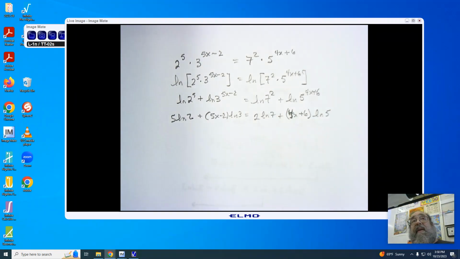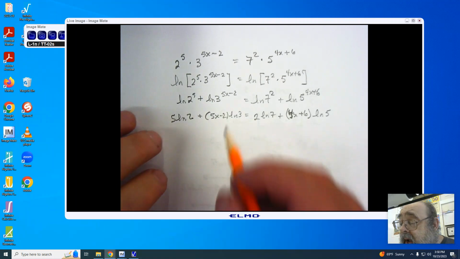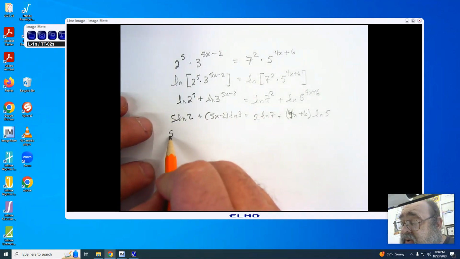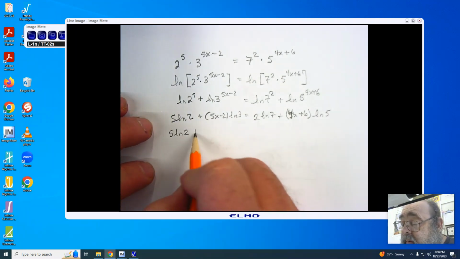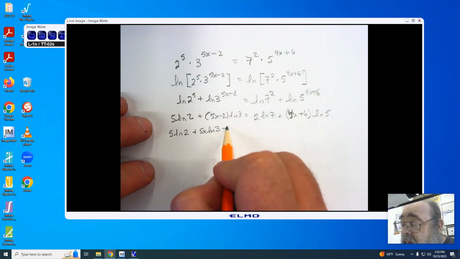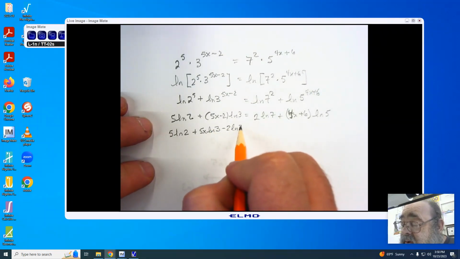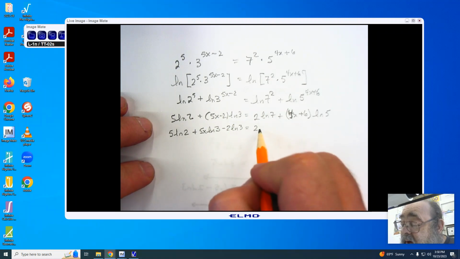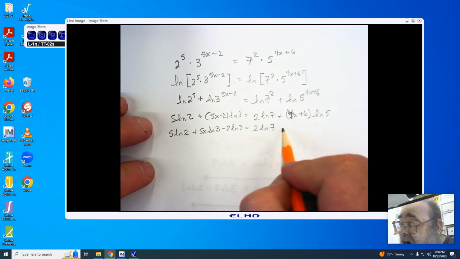Now I can start moving things around if I wish, or I can wait until I'm done. I'm going to go ahead and distribute first, and then start moving things around. That's up to you. Once you get this far, it's just making sure that you use your law of equality correctly and that you factor without doing anything silly.